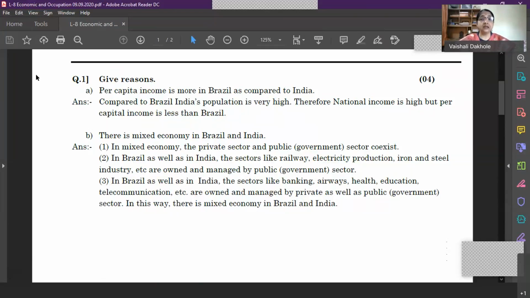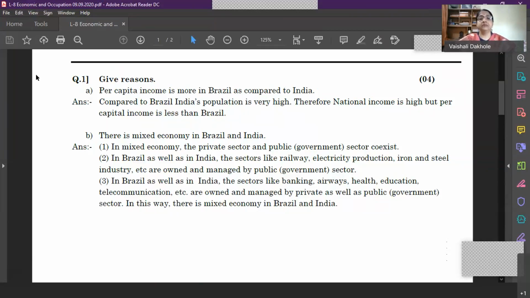That is the income coming to the nation from different sectors, primary, secondary and tertiary sectors, the different economic activities that are conducted in any country. They are contributing to the national economy. So the national income of India is very high compared to Brazil's national income. But India's per capita income is less compared to Brazil's.